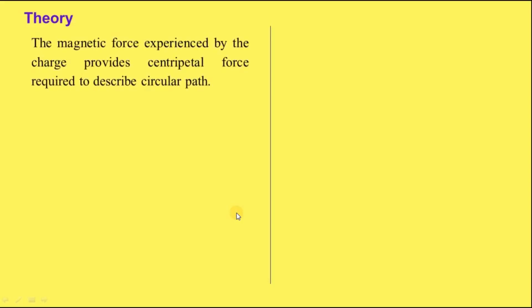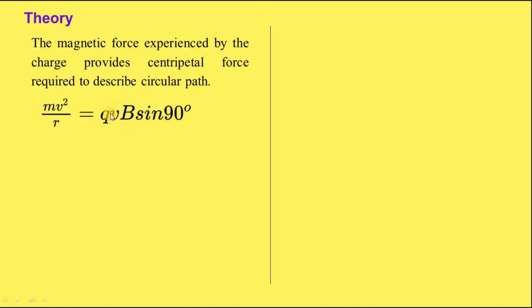The theory part. The magnetic force experienced by the charge is given by QVB sin theta. Here the velocity of the particle is perpendicular to the magnetic field, hence theta becomes 90 degrees.